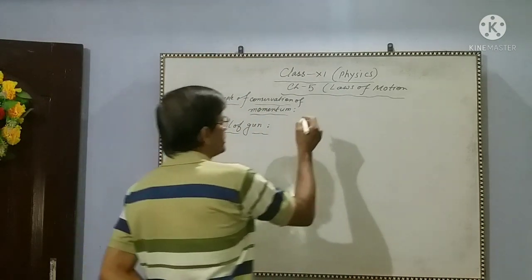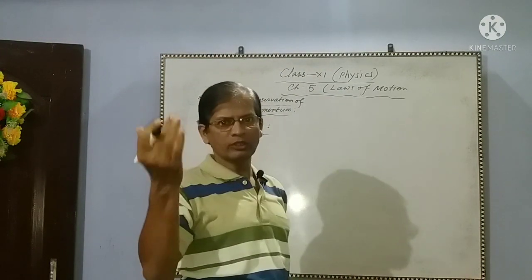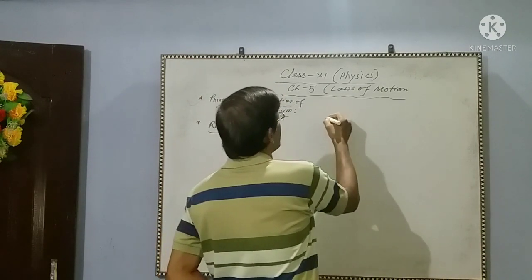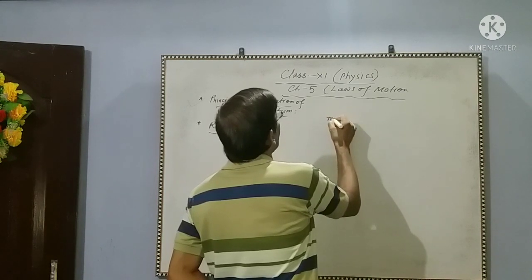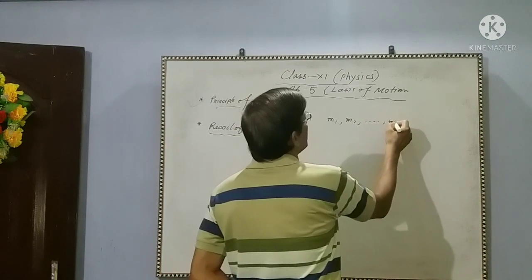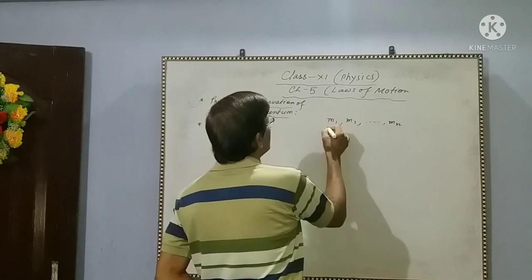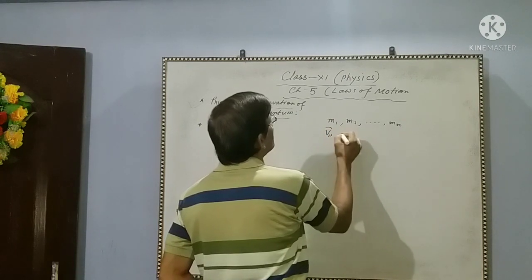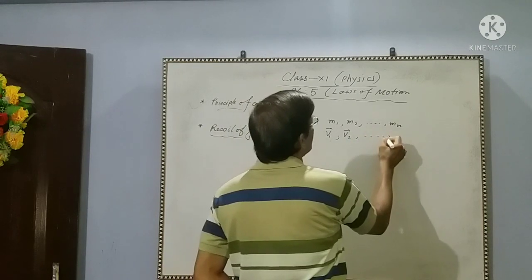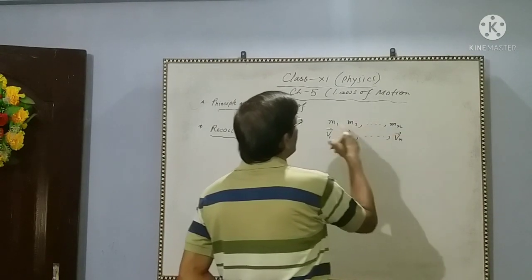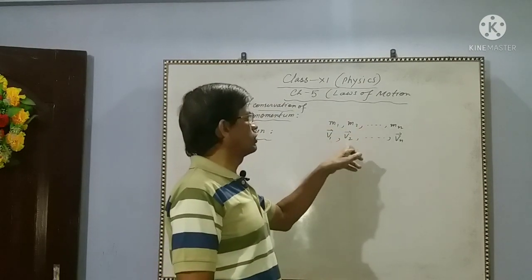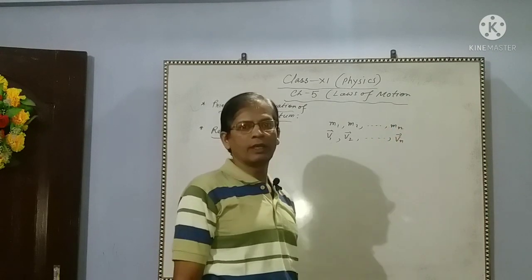Now we consider an isolated system consisting of n particles of masses m1, m2, up to mn, with velocities v1, v2, up to vn.